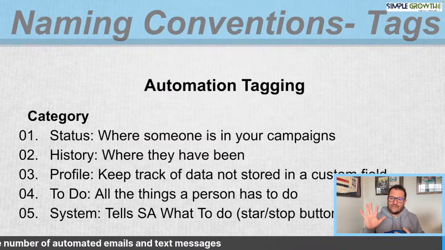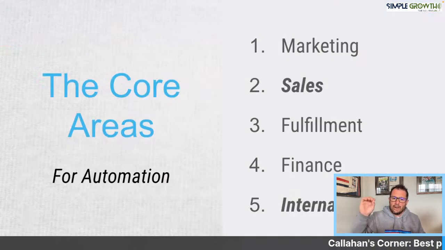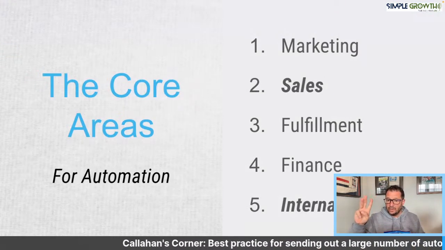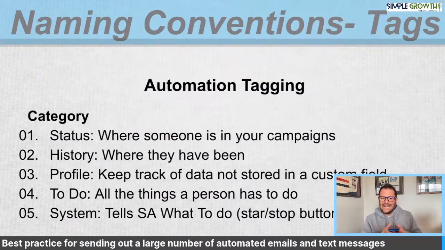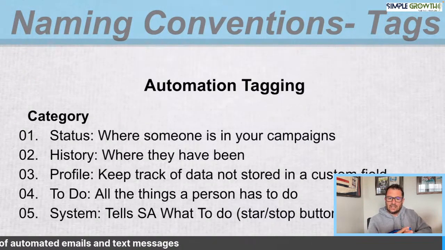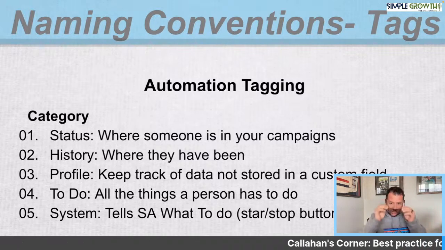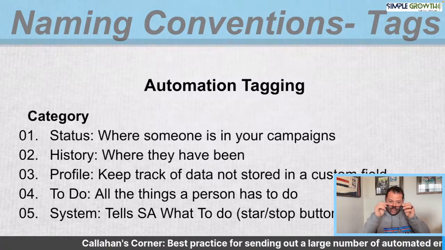So what we want to do is create 5 categories of tagging conventions. If we go back 3 screens, remember, there are core areas of automations that we can automate in your service business: marketing, sales, fulfillment, finance, and internal/HR. Now, we want to create tags to track that customer journey. The first one is literally 01 dot space, the actual status. That is a naming convention and a standardization that is really, really important when you do this.